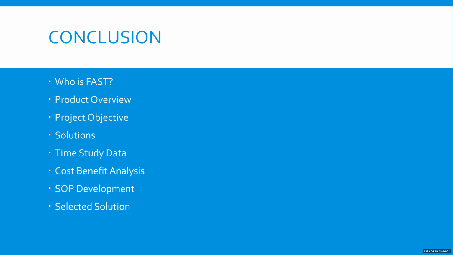We showed the cost benefit: if they implement the unit, it will pay for itself after one use. We touched on the SOP development and how it has troubleshooting and how to use the device correctly and safely. And we described our selected solution.